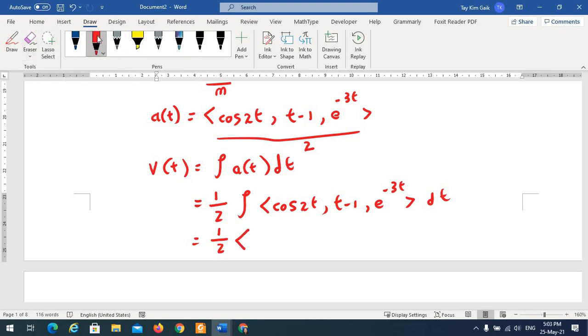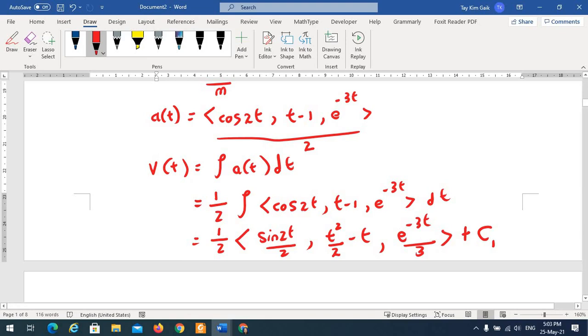Integrate cos 2t, you have sin 2t divided by 2. Integrate t minus 1, you have t squared over 2 minus t for component j. Integrate component k, we have e to the negative 3t divided by negative 3, plus c1. The constant c1 is a vector.